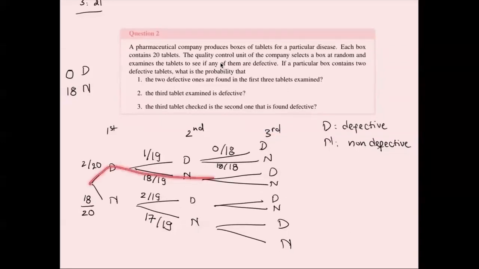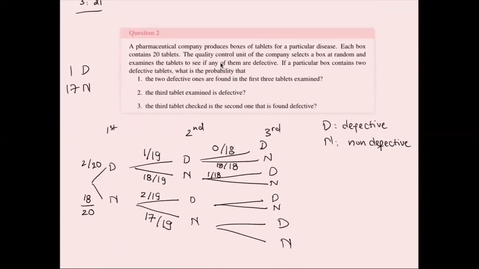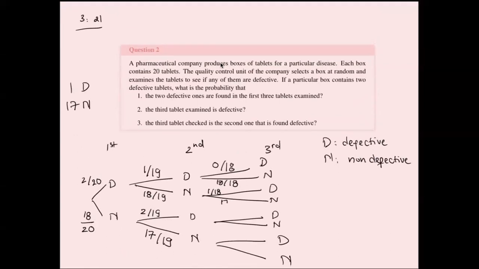We will move to this branch where we have 1 defective and 1 non-defective. Then the probability that the third one is defective is 1 divided by 1 plus 17. So 1 over 18. And the probability of non-defective would be 17 over 18.